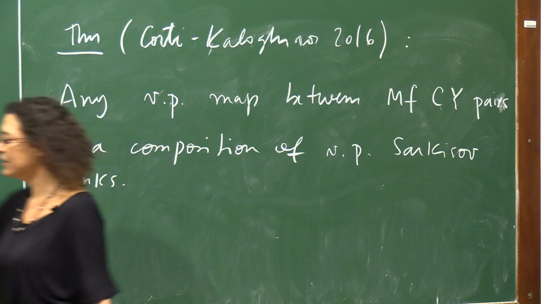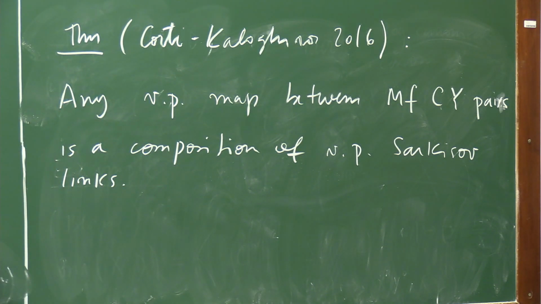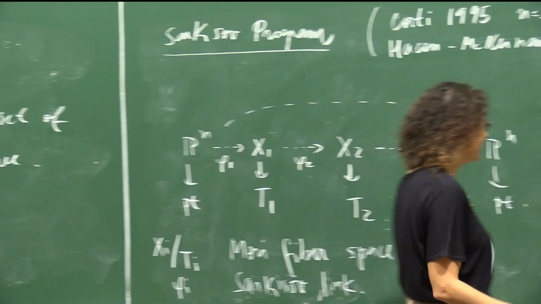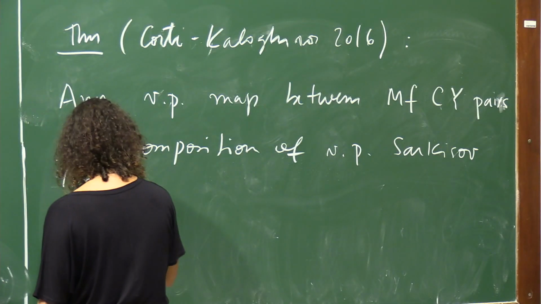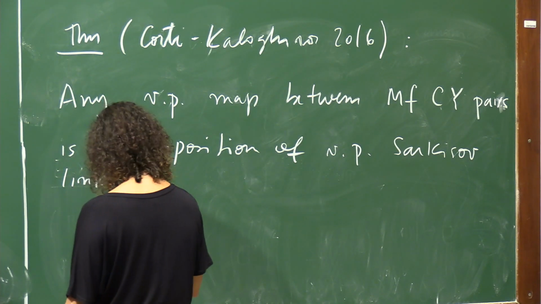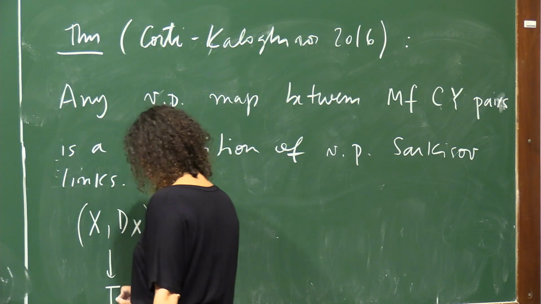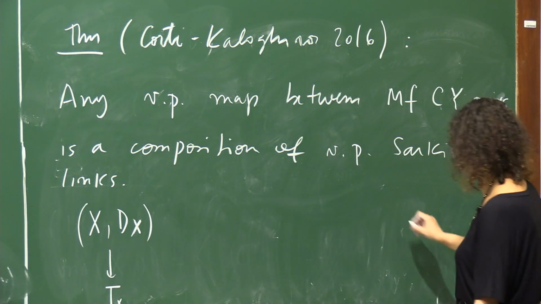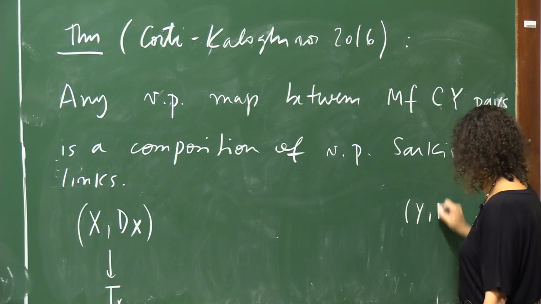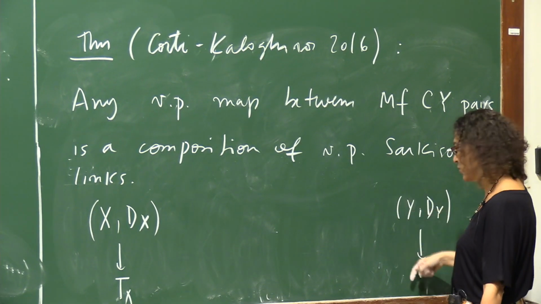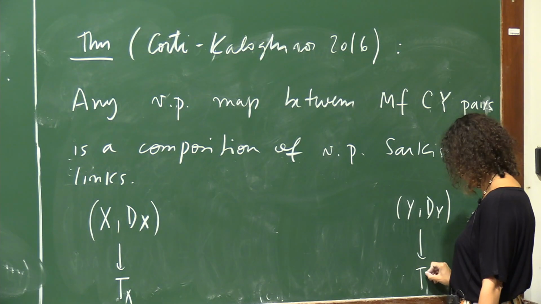So what this means is that we have exactly the same diagram as we have here. So let me just start. Now we are starting with a Calabi-Yau pair X, but I assume it also has some structure of a Mori fiber space. And I have here, again, another Calabi-Yau pair, which also has a structure of Mori fiber space.